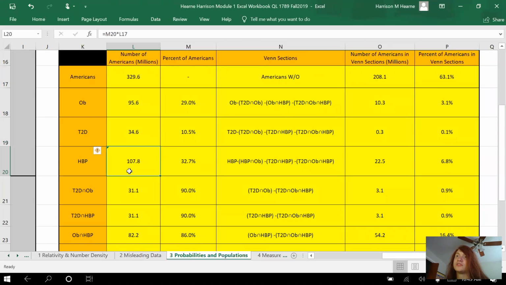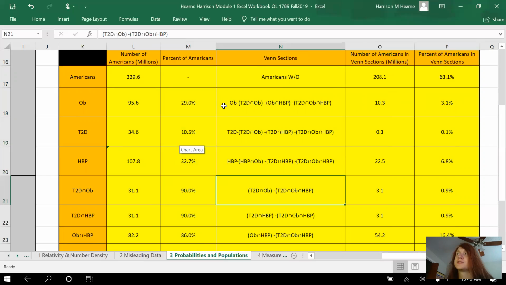So you can see 32.7% had high blood pressure, 29.0% had obesity, and 10.5% had type 2 diabetes. And if we add those three numbers up, then that should be 37.9%.